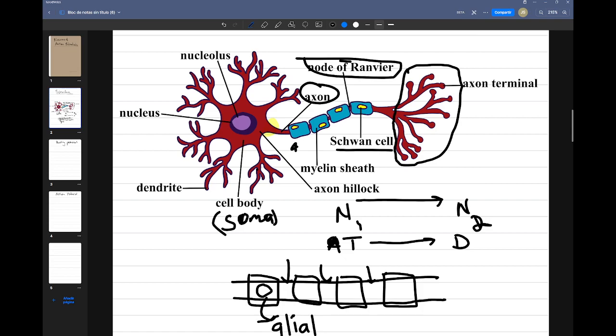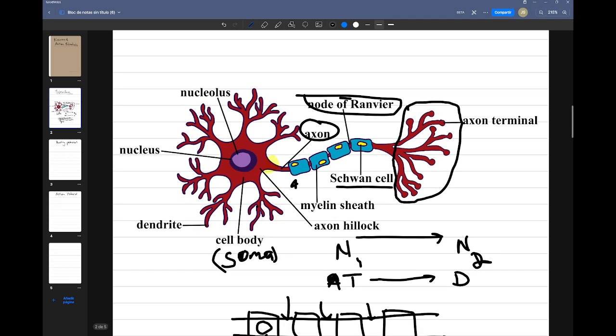So when the electrical signals leave the axon terminal, it will be connected to the dendrites of another neuron. Hopefully that makes enough sense. So that would generally be it.